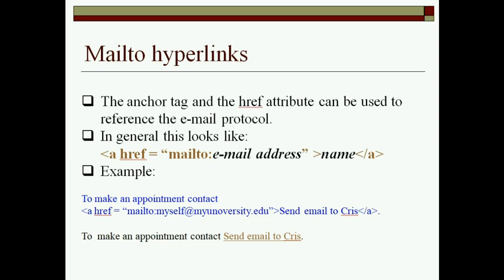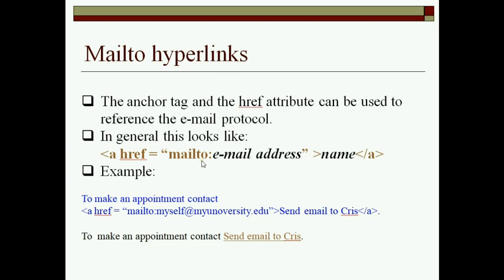Mailto links. The anchor tag and the href, the hyperreference attribute, can be used to reference the email protocol. So in general, this looks like this. You have an anchor tag that indicates a link starting here and ending there. So the text name will appear as a link, except that the reference to it is going to be specified by this part, which no longer is an HTTP URL.